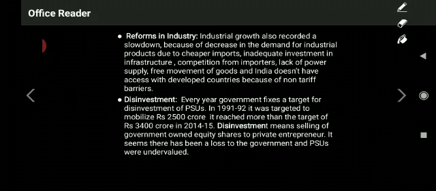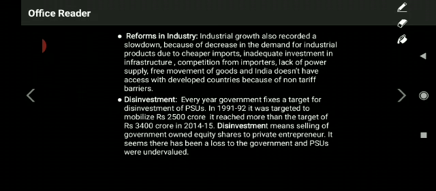Now coming to the next aspect, disinvestment. Every year the government fixes a target for disinvestment. I'll tell you the meaning of disinvestment later. Every year the government fixes a target for disinvestment of public sector undertakings. In 1991-92, it was targeted to mobilize rupees 2,500 crore, but it reached more than the target, rupees 3,400 crore.